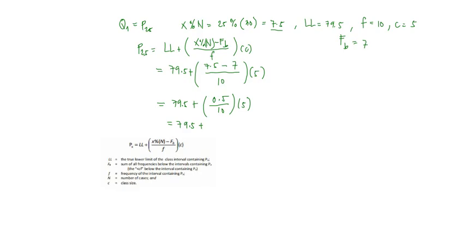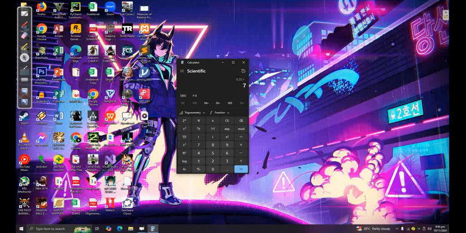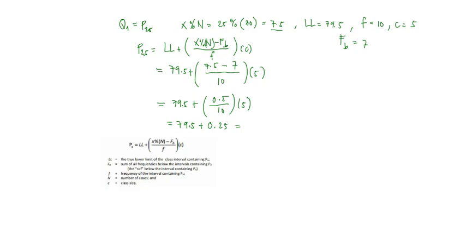So, it's going to be 0.25, and then you add up the value with 79.5. That is going to be 79.75. So, meaning the P sub 25, or the value of the 25th percentile, is 79.75. So that's how you make use ng ating formula for quantiles.